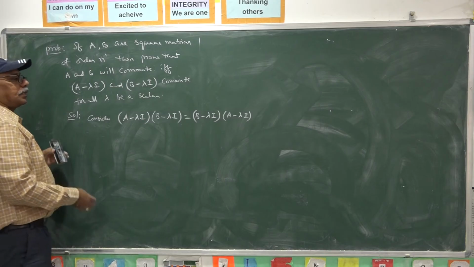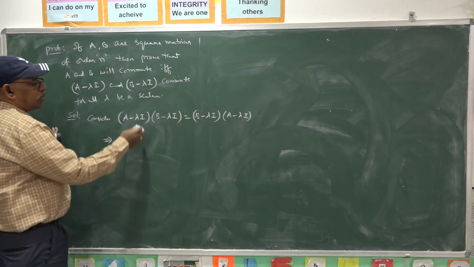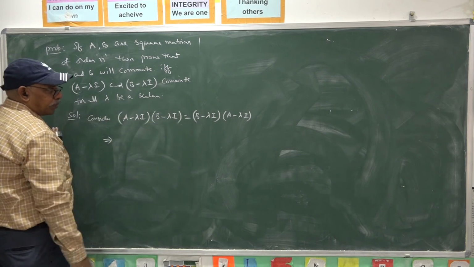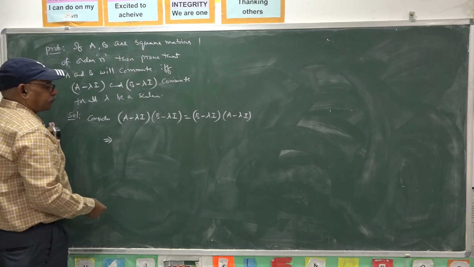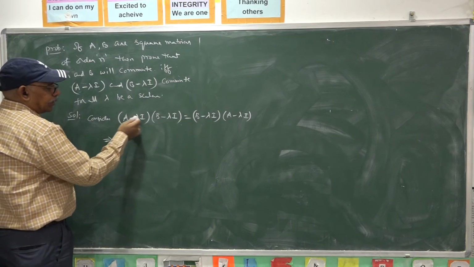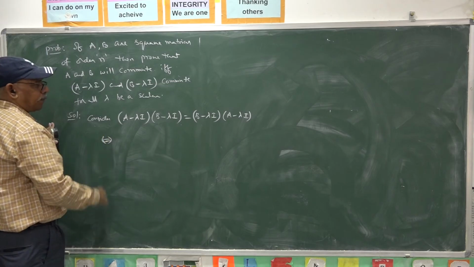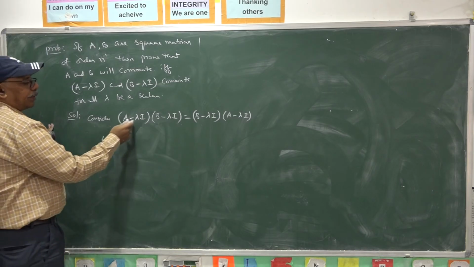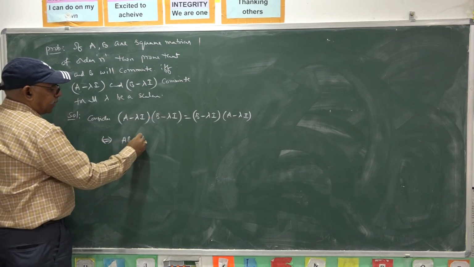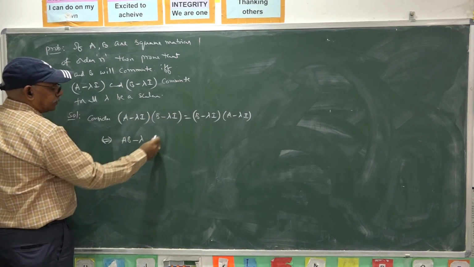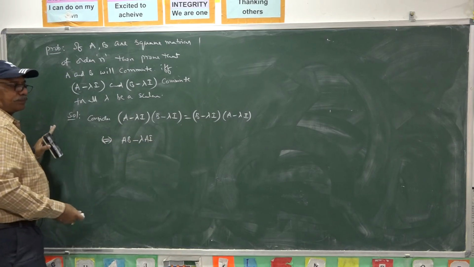Now consider that relation. Once these two matrices commute, I have to show that AB commutes. So taking the product here, AB minus lambda into A into I. A into I is A itself.